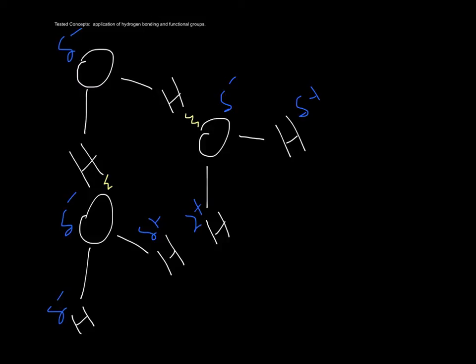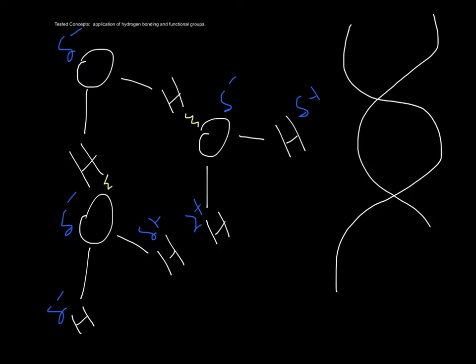The epitome of this, and again, this happens with all the molecules, but the most iconic of these shapes is this double helix, right? And you've looked at that in a classroom activity. We looked at the phosphate backbone.